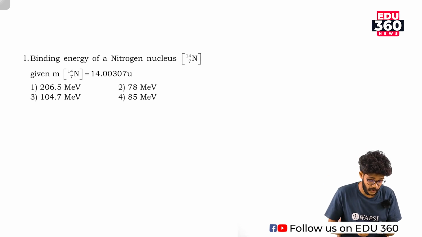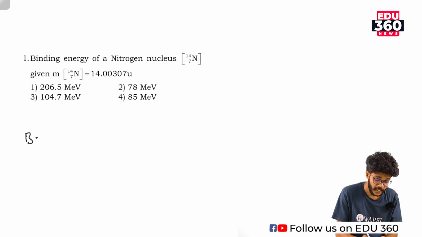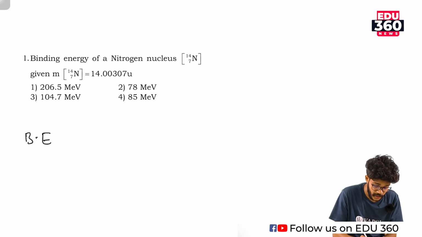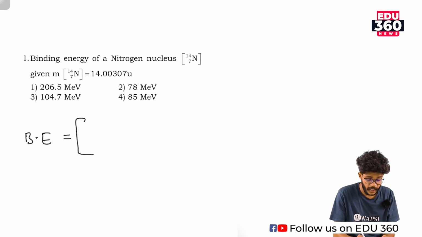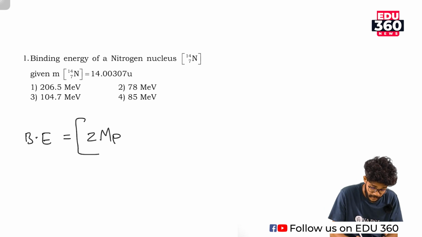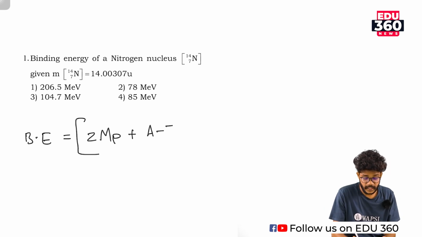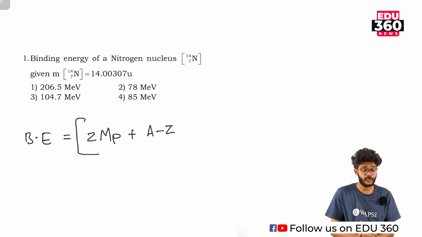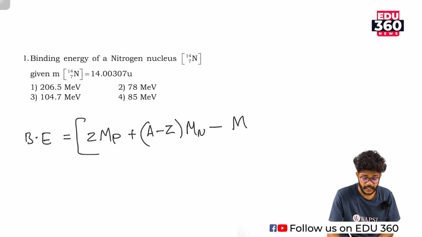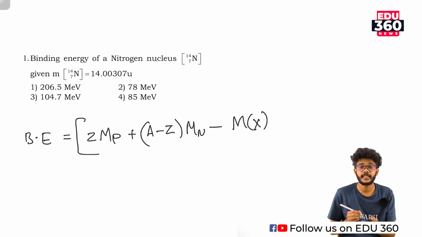Okay, I will write the equation for binding energy first of all, then I will substitute the mass of proton and mass of neutron. So binding energy is given as Z Mp, that means Z is the number of protons and Mp is the mass of proton, plus (A minus Z), that means mass number minus atomic number, which gives the number of neutrons, into the mass of neutron, minus the mass of that element X. Here X is nitrogen.